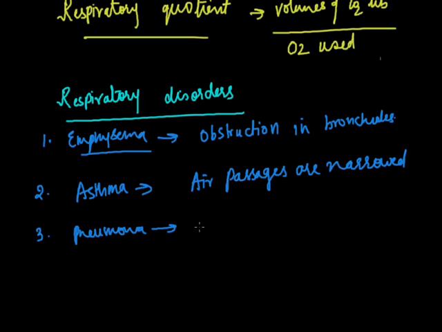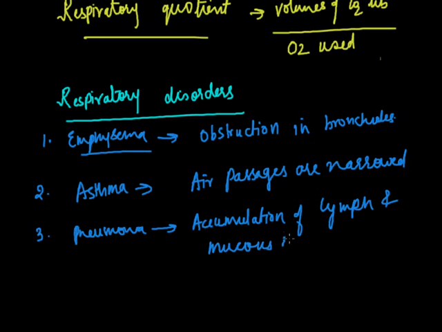In pneumonia, there is accumulation of lymph and mucus in alveoli and bronchioles. It occurs due to viral and bacterial infection.